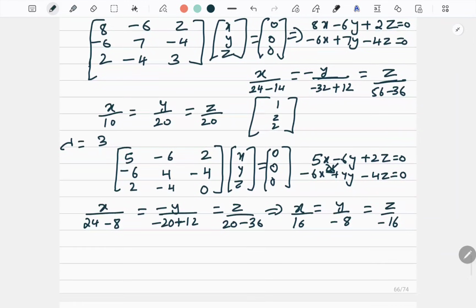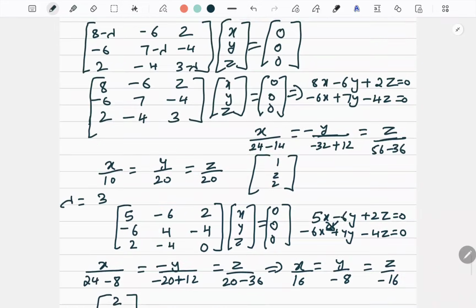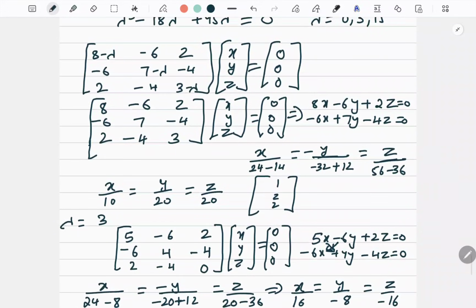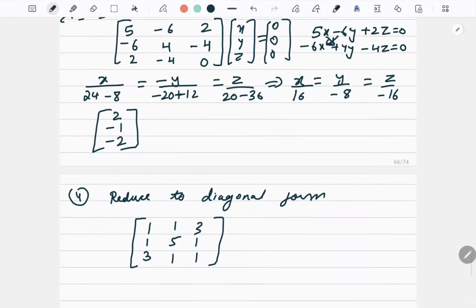Correct? So, what is the eigenvector? So, eigenvector is 2, minus 1, minus 2. This is the eigenvector. Similarly, you can find out for the third one also. I hope now you are very clear how to do the eigenvector. So, I can proceed to next question.